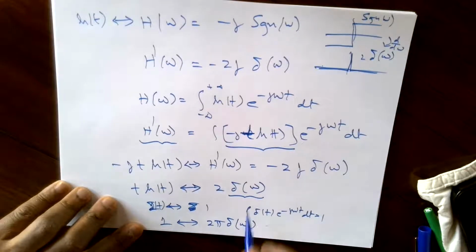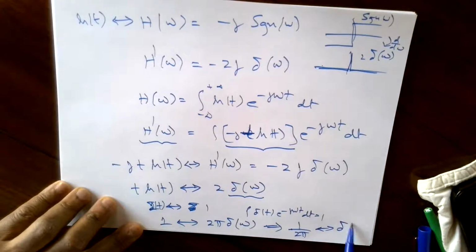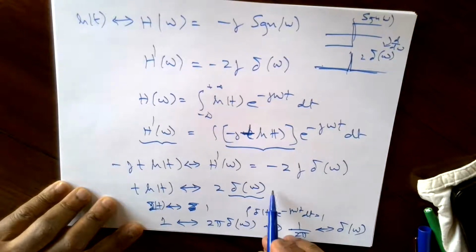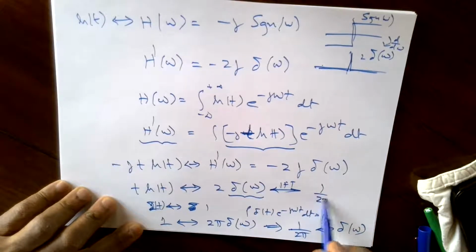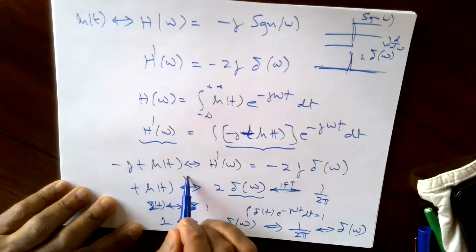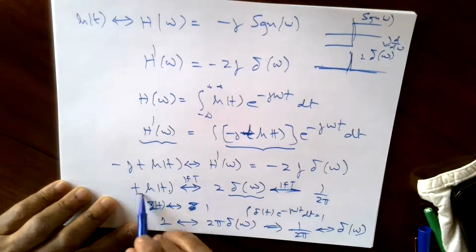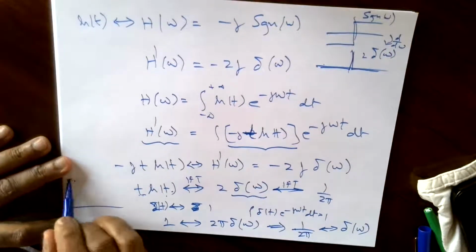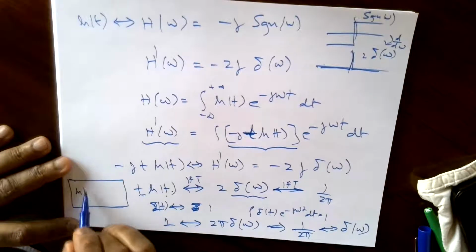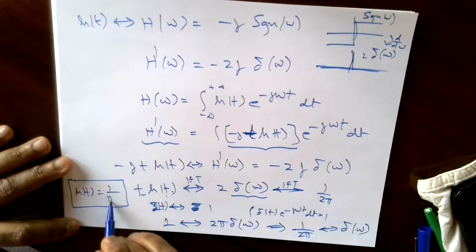Or from here you can see that the inverse transform of delta omega is 1 over 2 pi. 1 over 2 pi has a transform of delta omega. So let me substitute it here. This would mean its inverse Fourier transform is 1 over 2 pi. If you go this way, the inverse Fourier transform of 2 pi is t h(t). So from here we can conclude that h(t) is, and this is a well-known result, 1 over pi t.